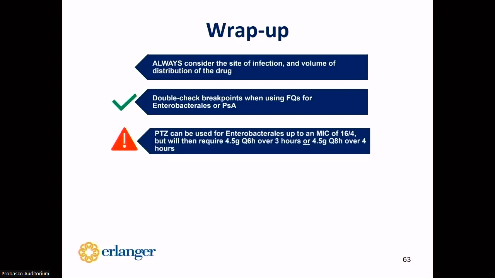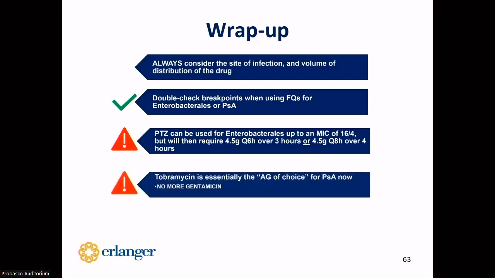Pip/tazo can be used for Enterobacterales up to an MIC of 16, but will then require 4.5 grams every 6 hours over 3 hours, or 4.5 grams every 8 hours over 4 hours. I've got the red warning sign here because our susceptibility panels do not reflect this information. They are still reflective of the old breakpoints. So be on the lookout for that.